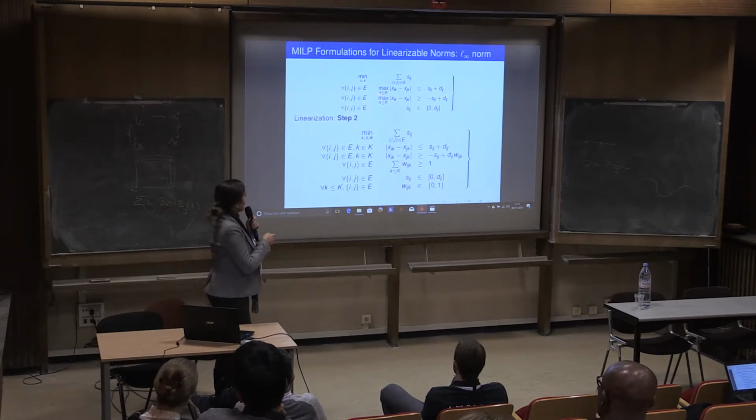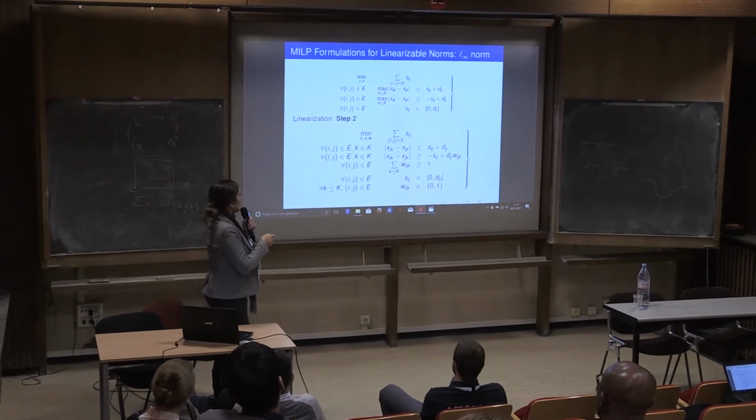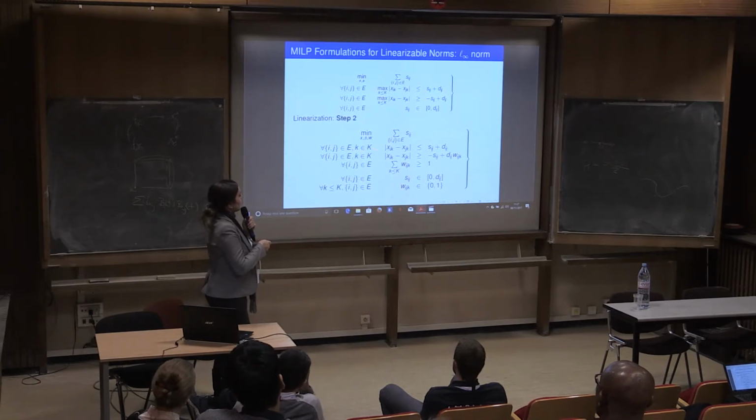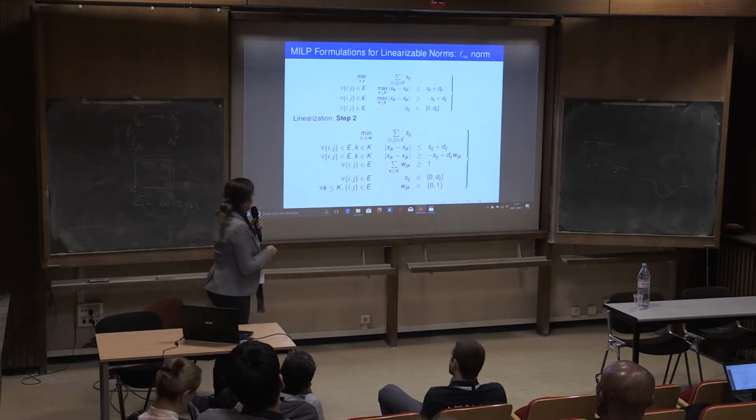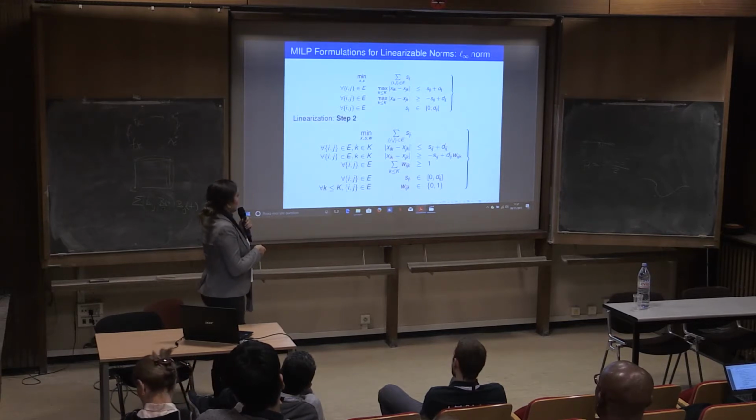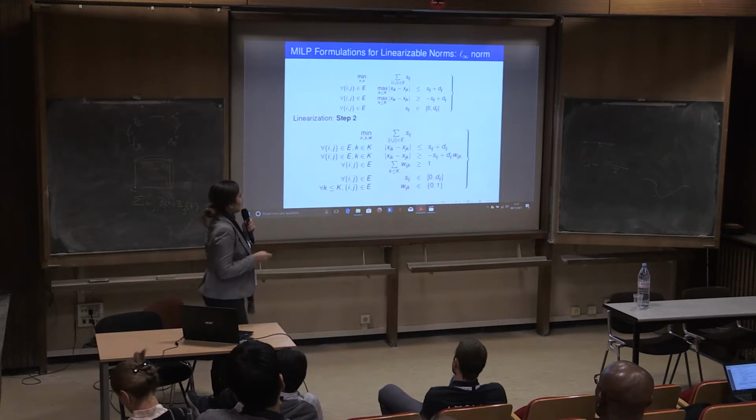Of course, if it has to be valid for the maximum of this over k, then we can impose this constraint for all k. And then for the second part, as the index and the sense of the inequality is not the same, we have to do a slightly more complicated linearization.